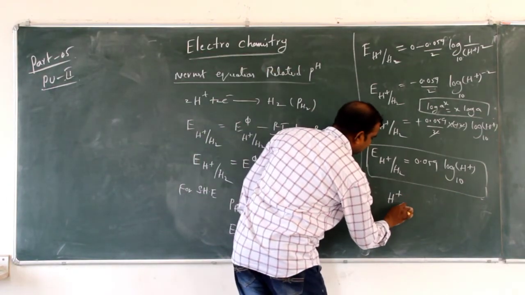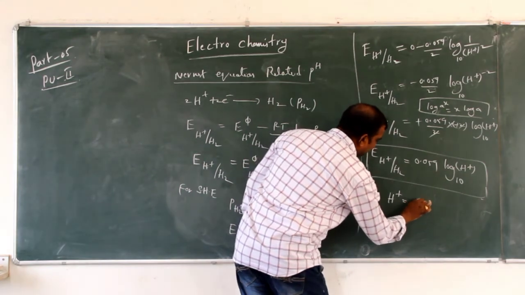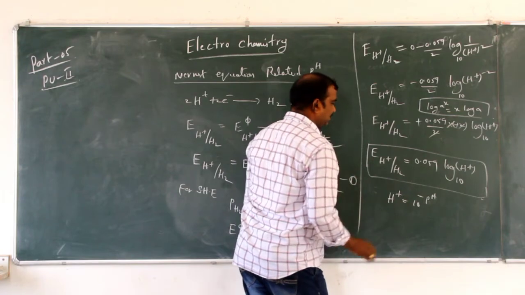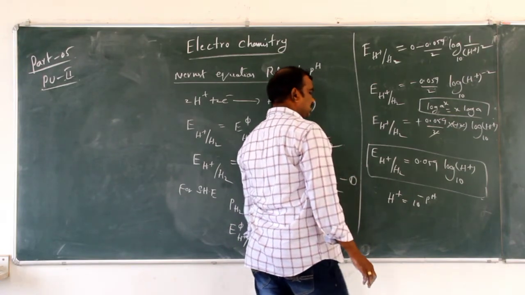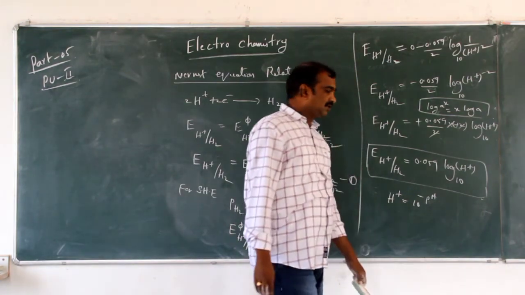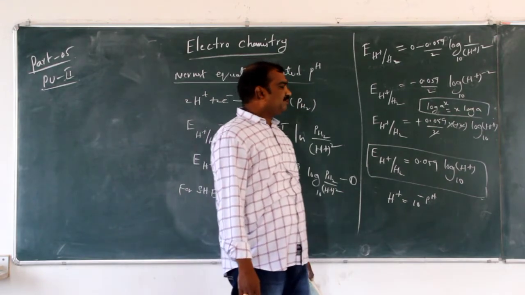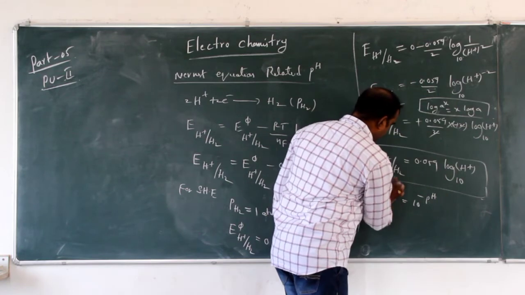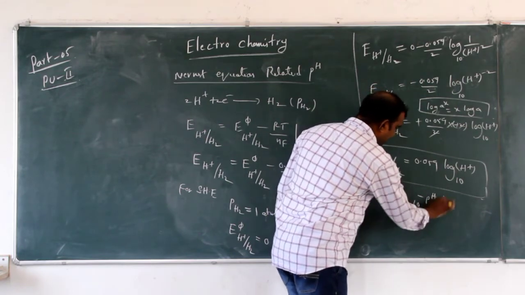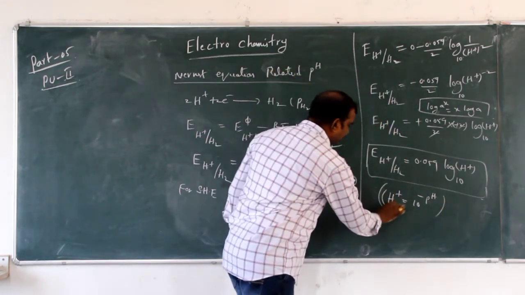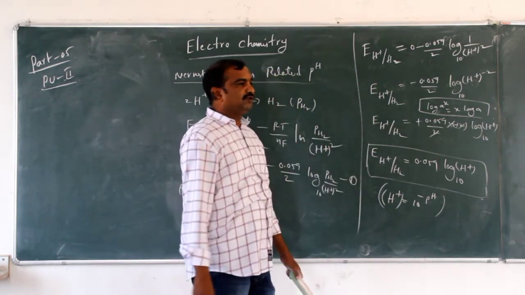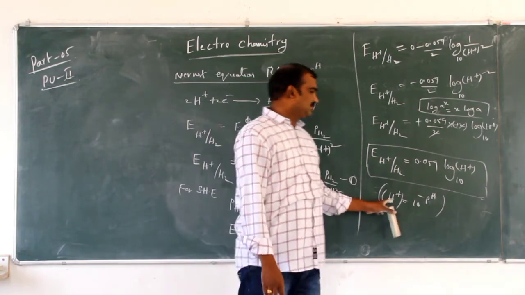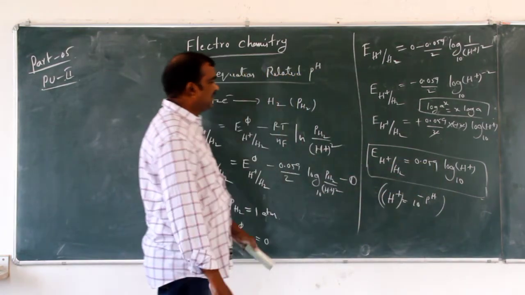H+ concentration is equal to 10 power minus pH, since pH is the negative logarithm of H+ concentration. If you substitute this, you get the value in terms of pH.